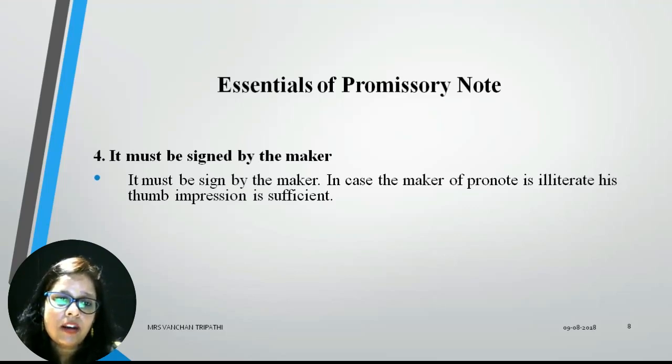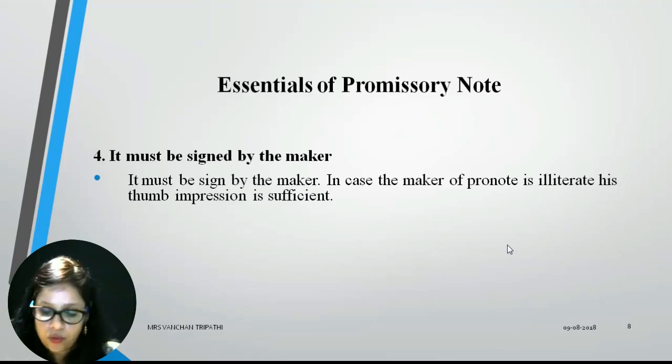If the maker is illiterate and not able to sign, his thumb impression will be sufficient or acceptable. The same thing is written in the slide: it must be signed by the maker. In case the maker of the promissory note is illiterate, his thumb impression is sufficient.